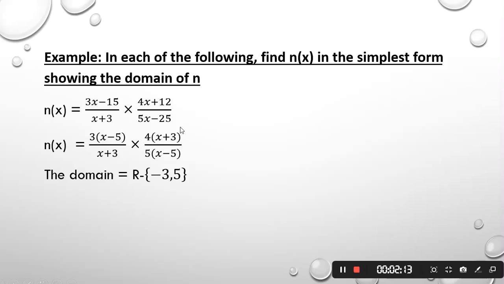So we can cancel x plus 3 up with x plus 3 in the second fraction down, and x minus 5 up with x minus 5 in the second fraction's denominator. The remaining parts will be 3 times 4 over 1 times 5, so equal 12 over 5. It's easy to multiply.